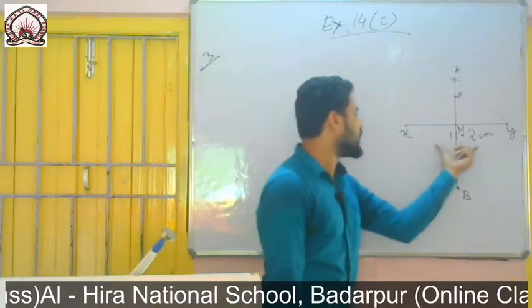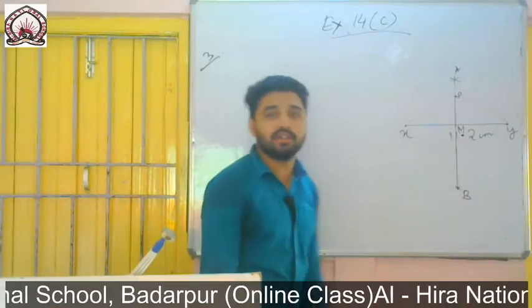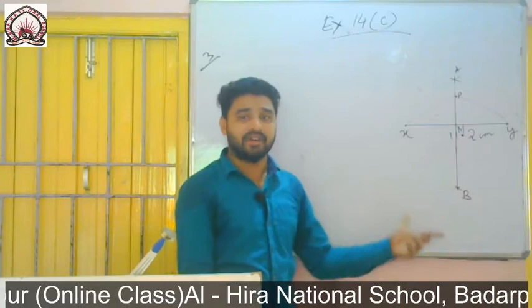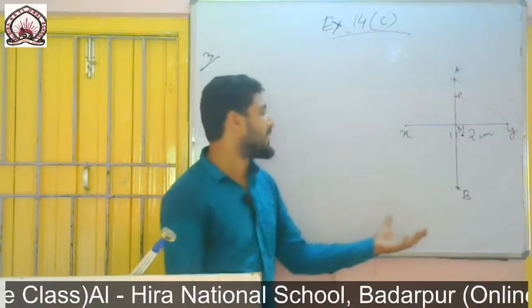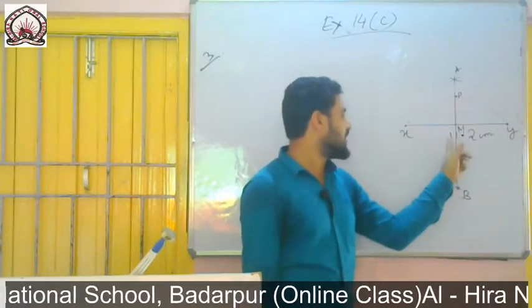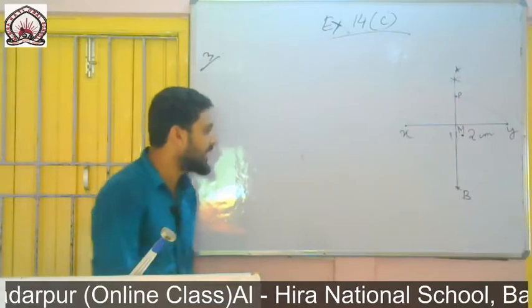XY is 11.2, so MX will be half of XY. So I can write MX equals half XY. That means half into 11.2, that means 5.6. Okay, that is the relation.